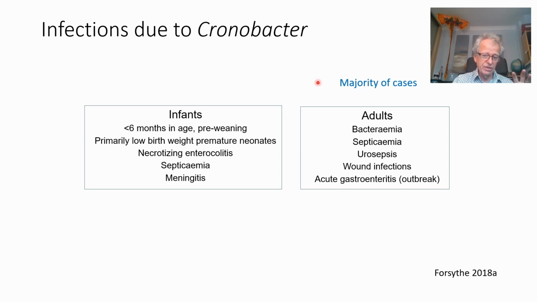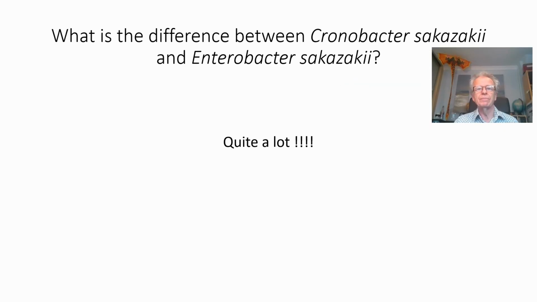However, the majority of Cronobacter cases are in adults, where we have bacteremia, septicemia, urosepsis, wound infections, and there has been one outbreak reported in China, which was associated with food. So the majority of cases are in the adults, but it's the infant ones which hit headlines.